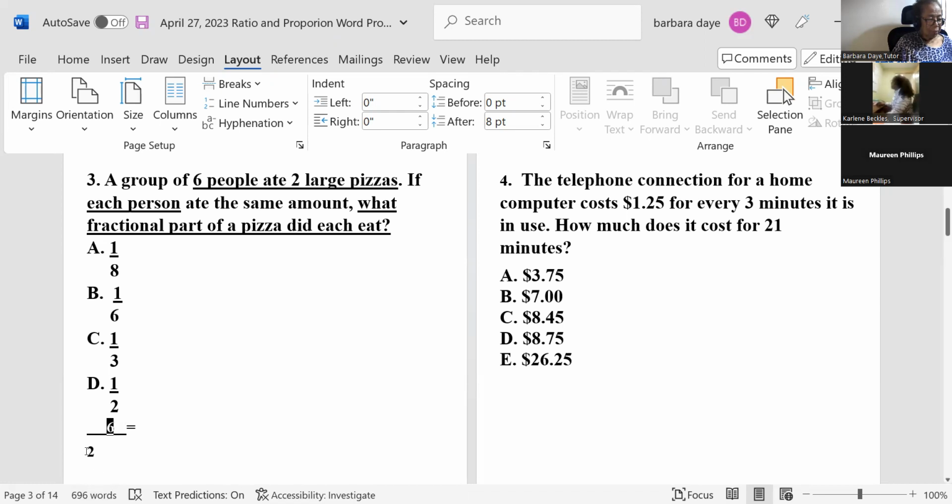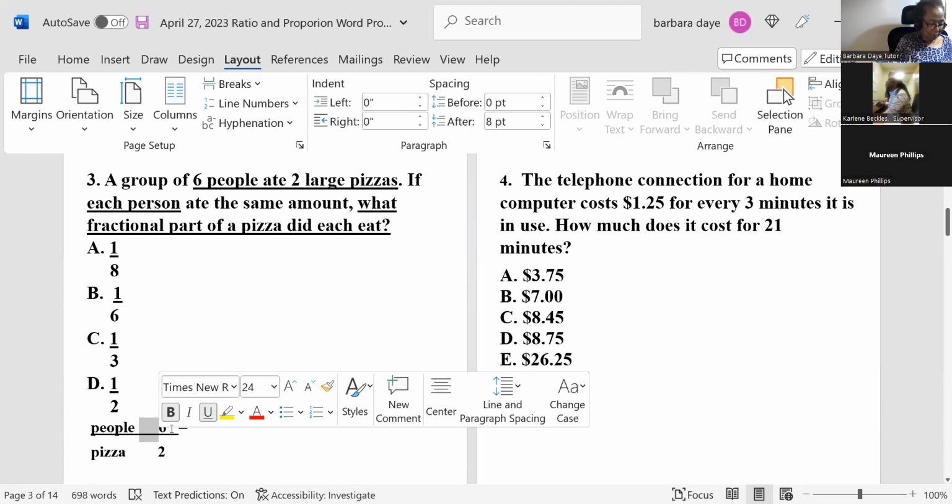Let me do it this way. Let me put what this ratio represents. That would be people over pizzas, right? If each person gets the same amount, let's put people over pizza.